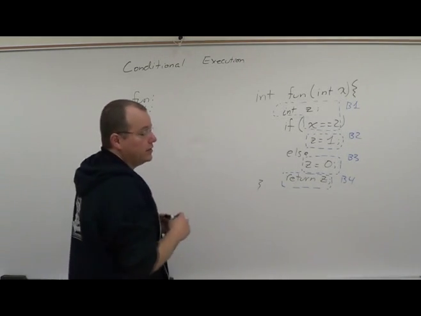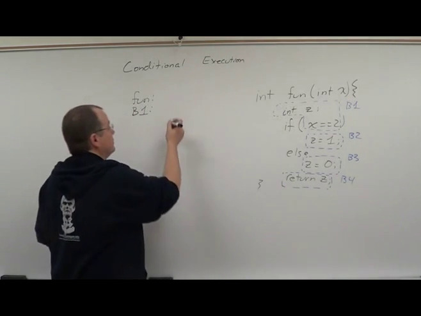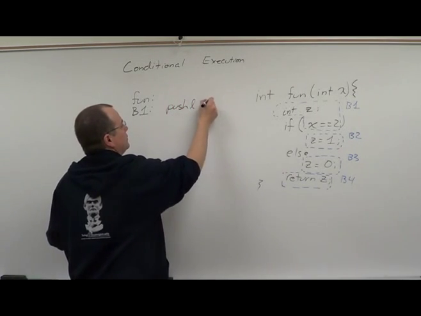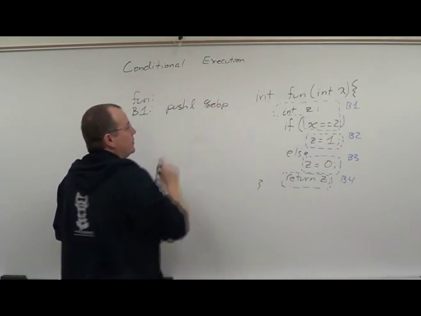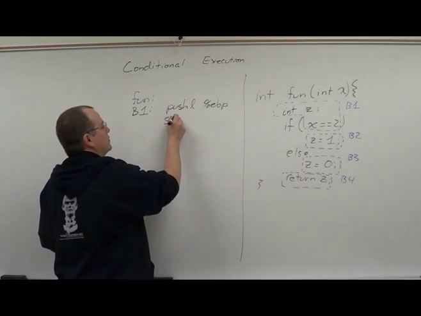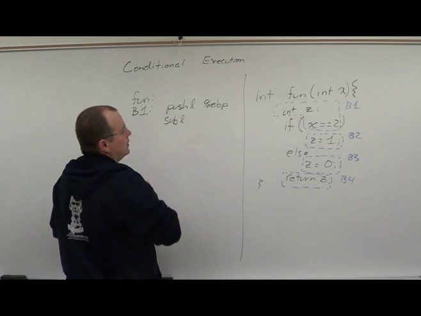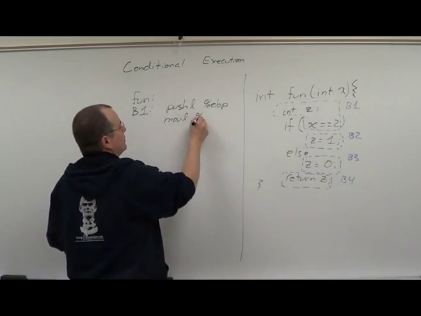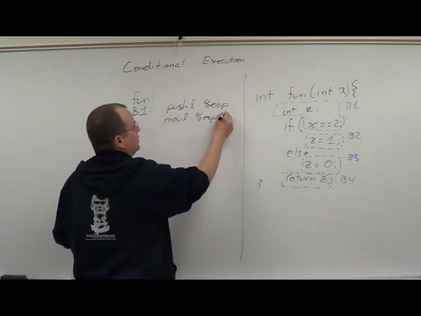So the first thing I need to do is my function entry stuff. So I need to push long EBP. I need to subtract long, move long ESP EBP.